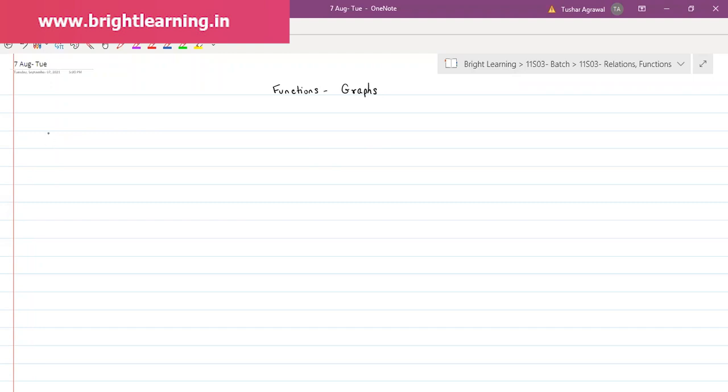So if I tell you, let's say, plot the graph of the mapping f of x is equal to x plus 2, where f is from real numbers to real numbers.